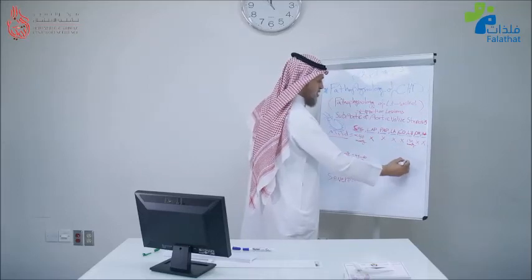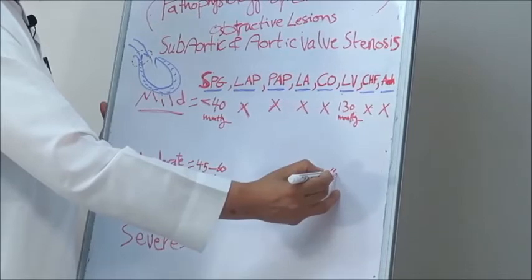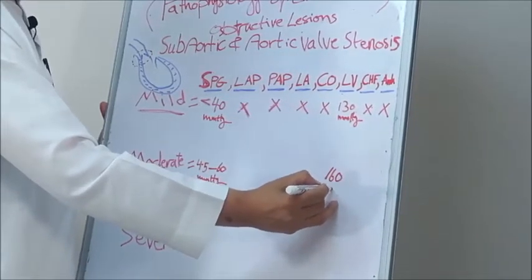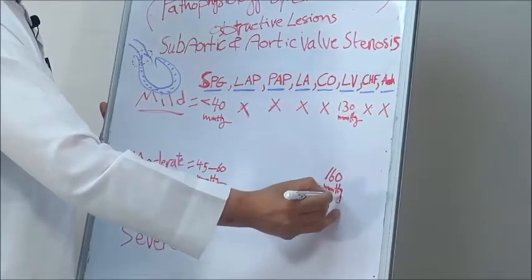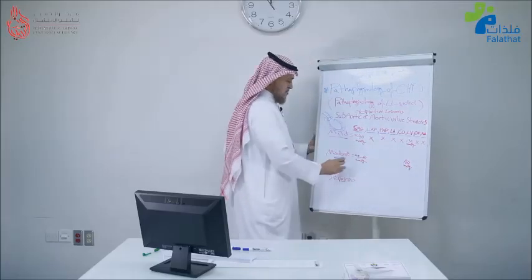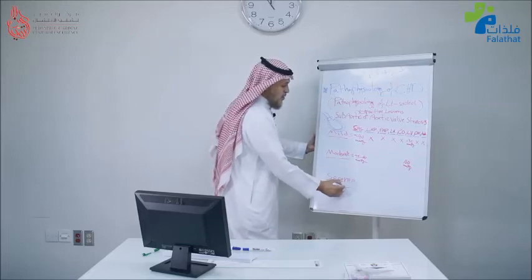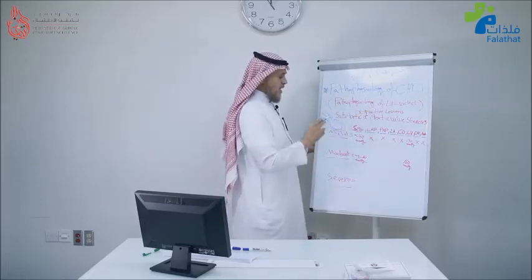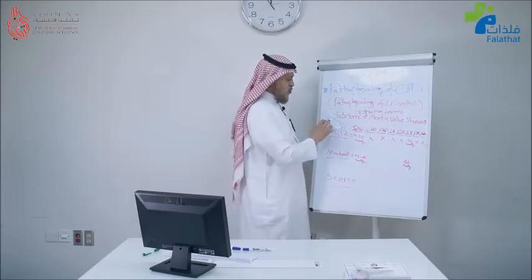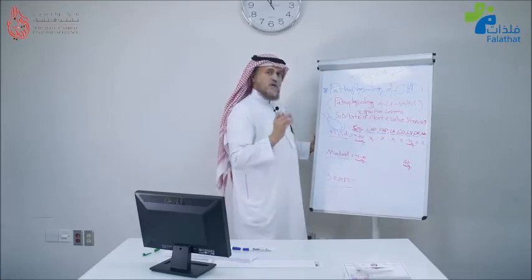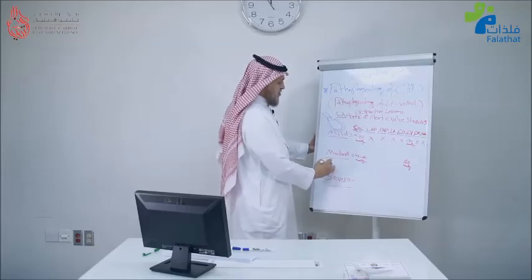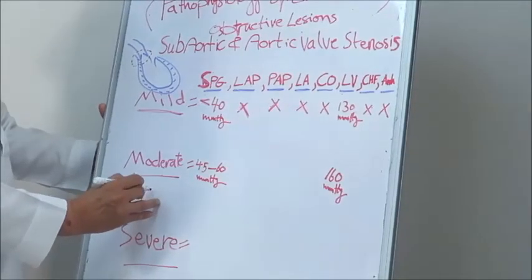So LV pressure here will be 160, that's significant. So we start seeing significant effect on the heart starting with moderate aortic valve stenosis. Still, there will not be an effect on the systolic function of the left ventricle because the LV will hypertrophy. We'll start seeing LVH here.